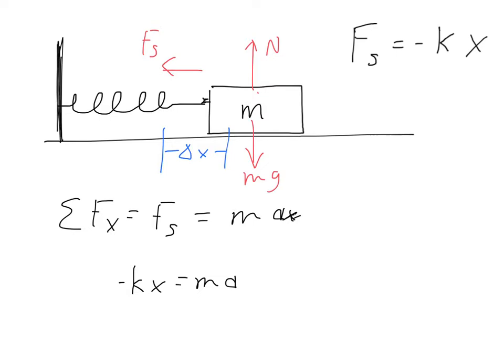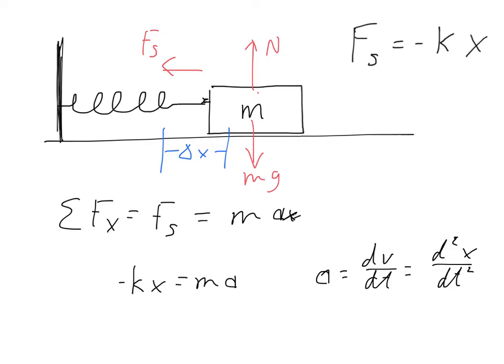And in fact, this is actually a differential equation, because we know that the acceleration is equal to the derivative of velocity with time, which itself is a derivative of position, so this is actually the twice derivative of the x position as a function of time.